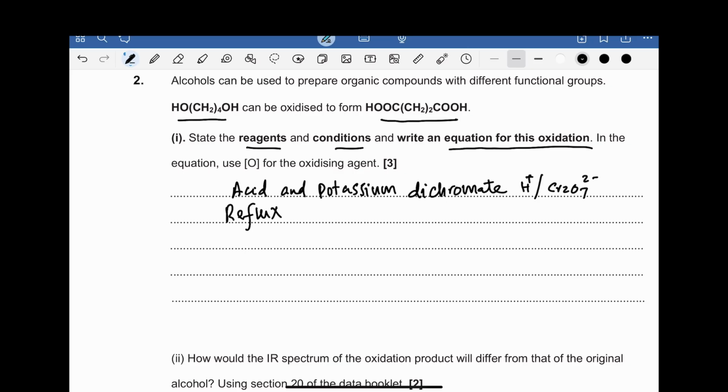So we have a diol, CH2 4 times OH, plus oxidizing agent, and our product will be CH2 with carboxylic on both sides, COOH, plus water. We will produce 2 molecules of water. To balance it, we need 4 oxygens there. So this is the balanced chemical equation.